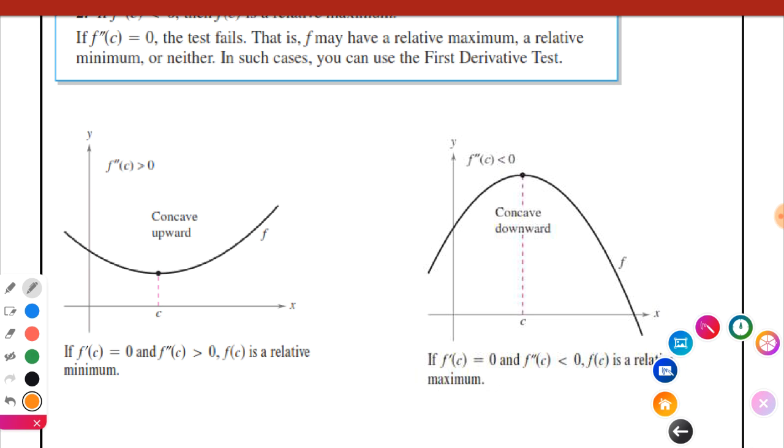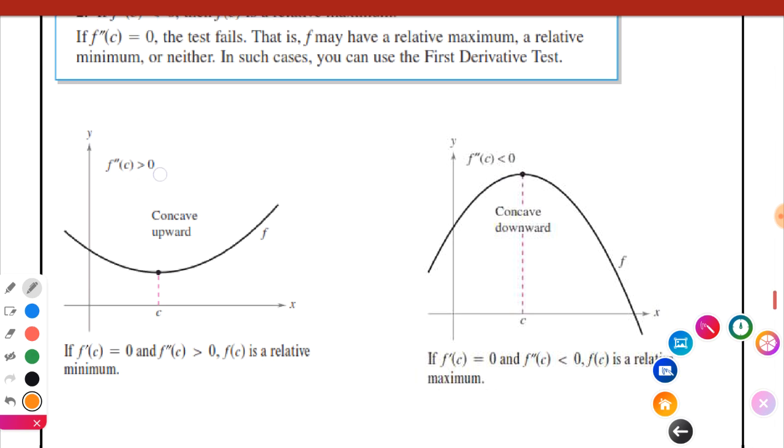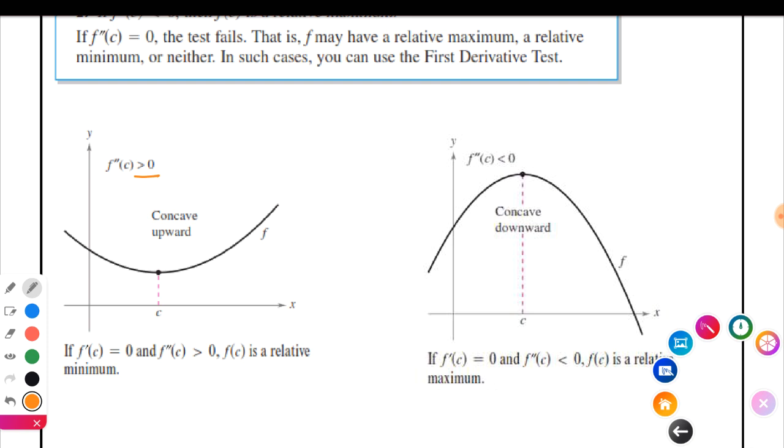Again, if we replace the value of x at which the first derivative equals 0 in the second derivative, and we get a value greater than 0, the curve is concave upward, and in this case we have a relative minimum value at this value of x.